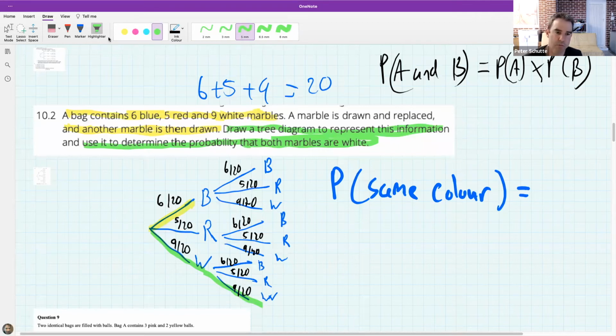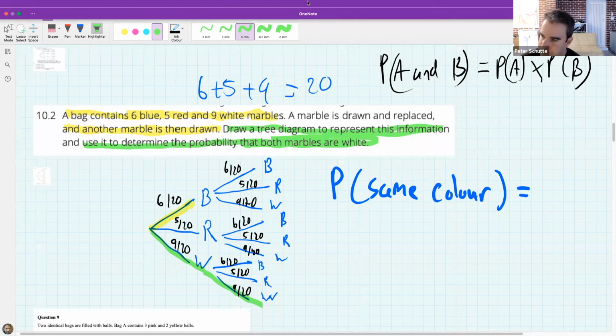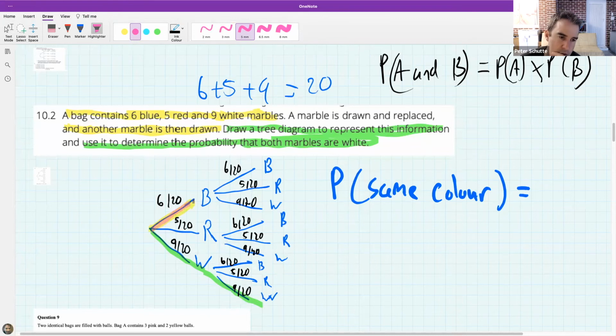So think about which branches end with the same color and how would I add those all up? So this would represent a possibility with the same color. So would that, and so would that.